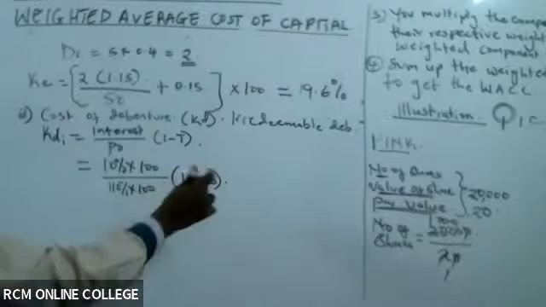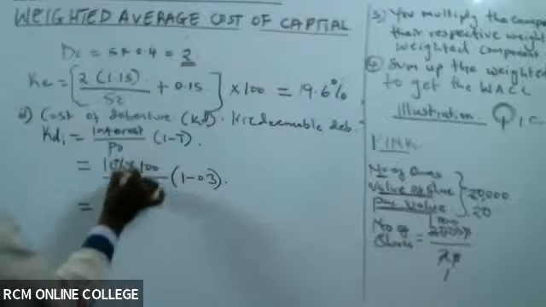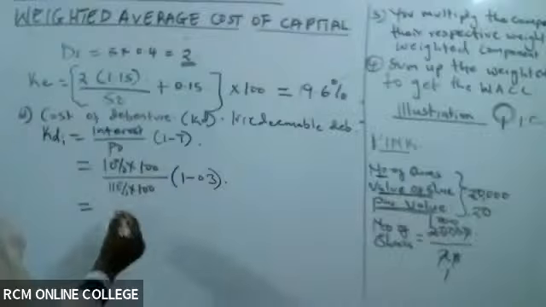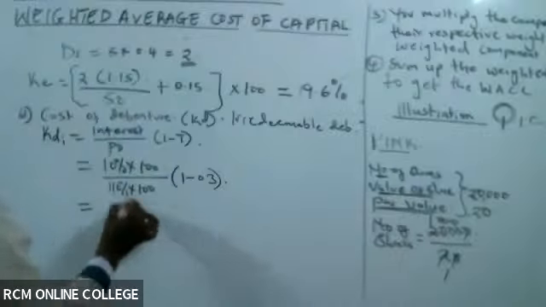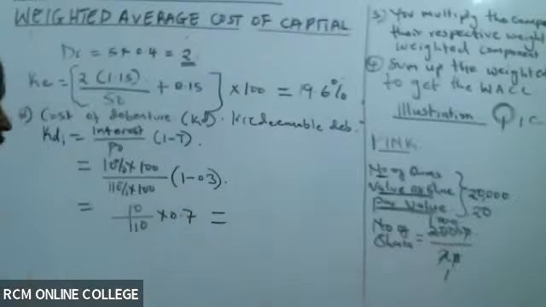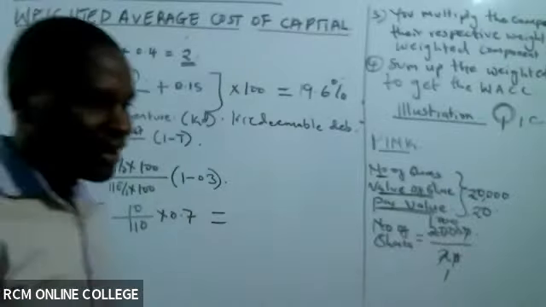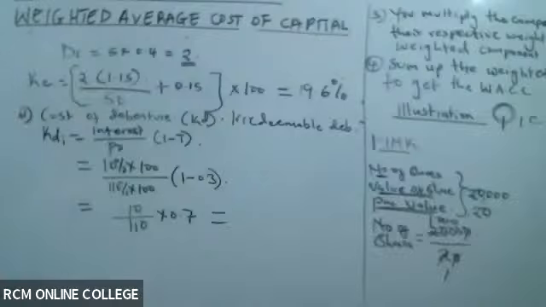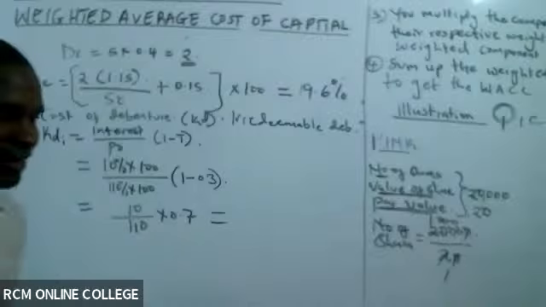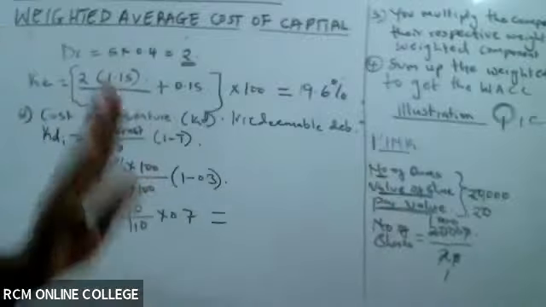So basically here, 10% of 100 will be 10, divided by 110, times 0.7. What do you get? Let's see what Kd you have now. As simple as that.